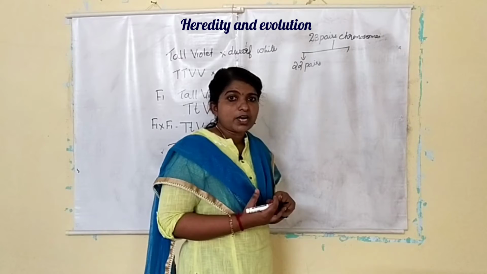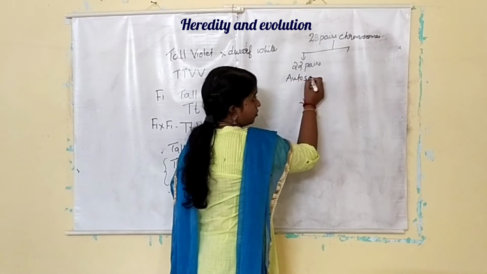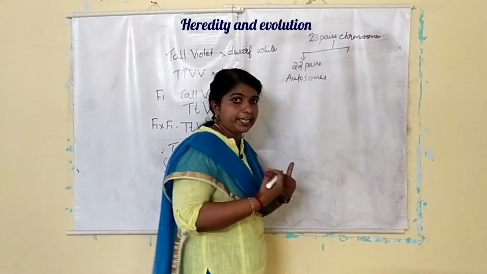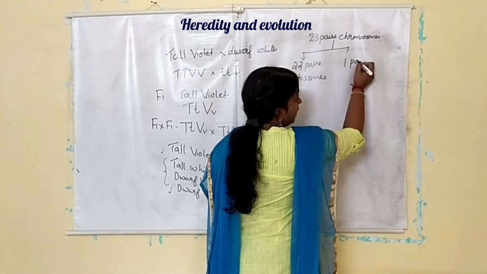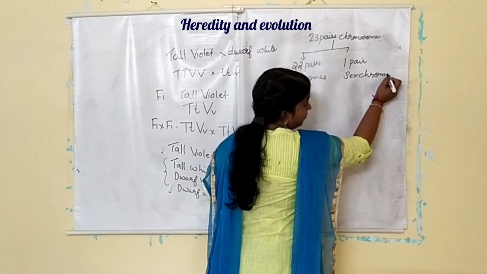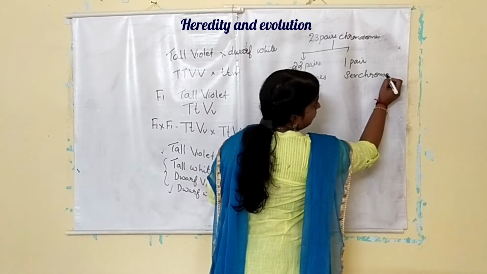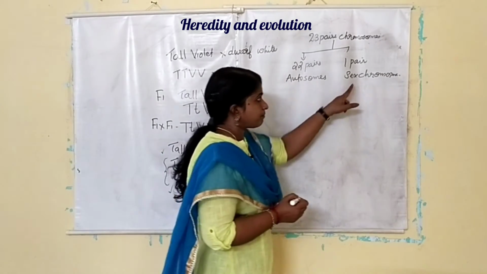These chromosomes are known as the autosomes, because they determine the body characters. The remaining one pair is known as the sex chromosomes.